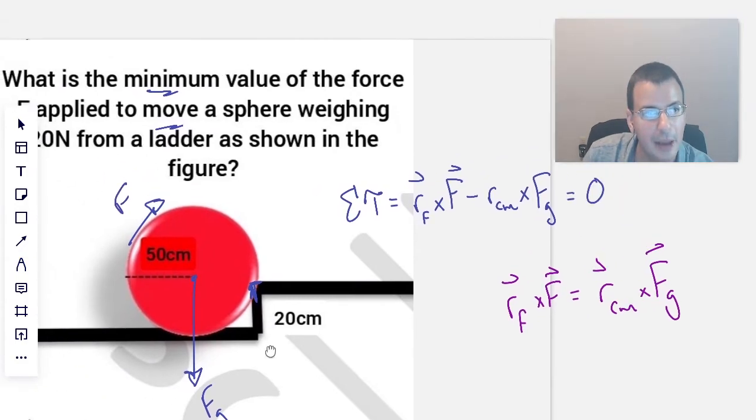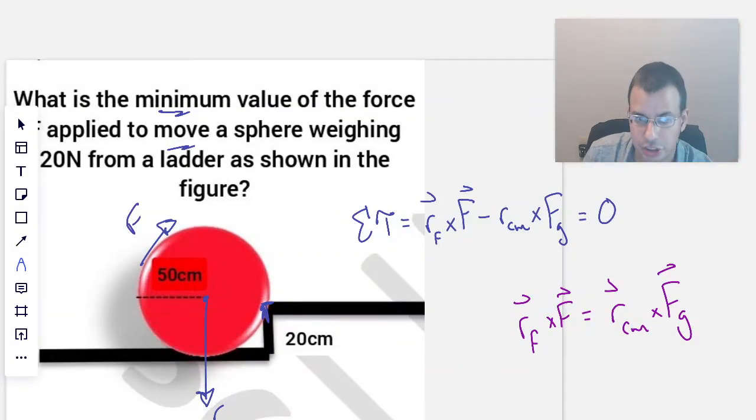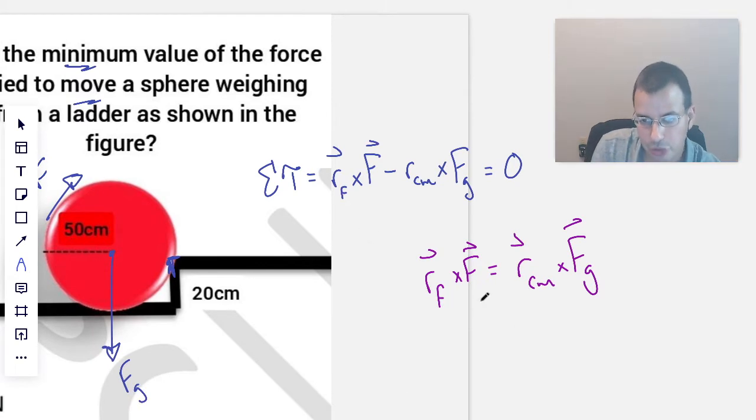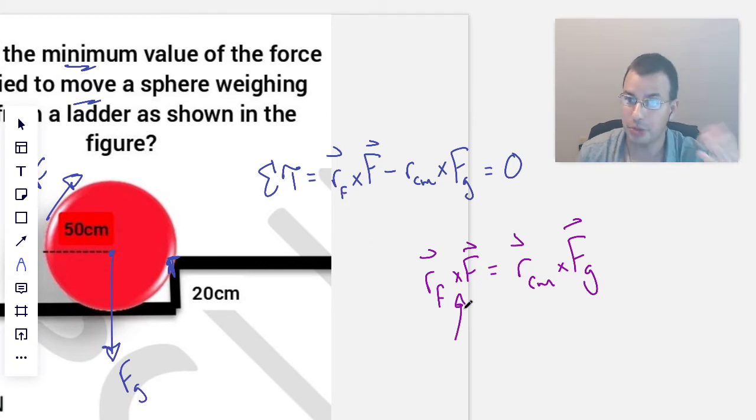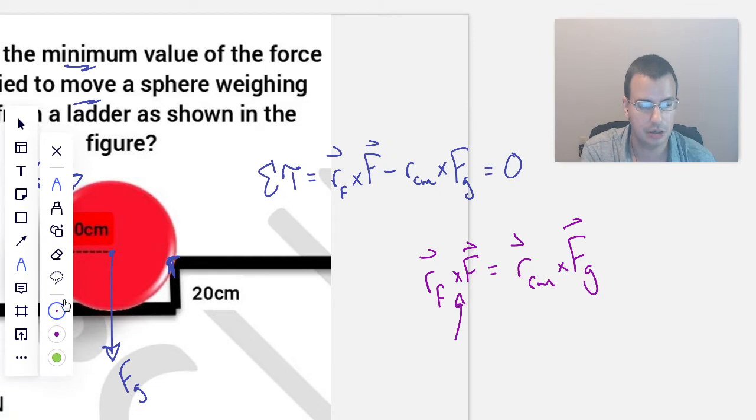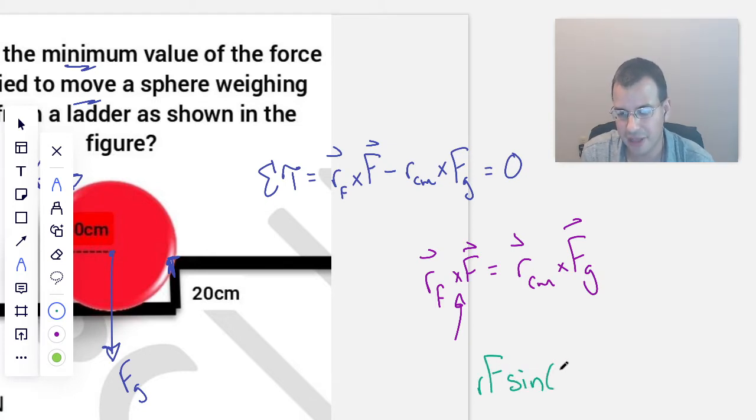So we want the minimum force. So this right here is a cross product. Cross product is a measure of how perpendicular two vectors are. You often see it seen as the magnitude would be RF sine of theta, where when theta is 90 degrees or pi over 2, then it's maximized.